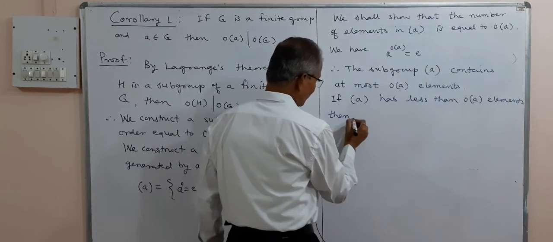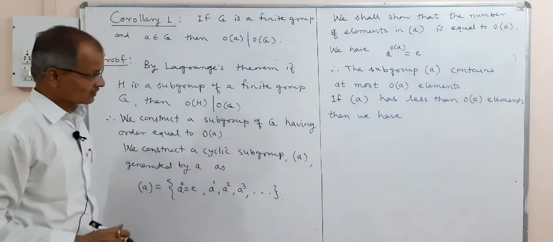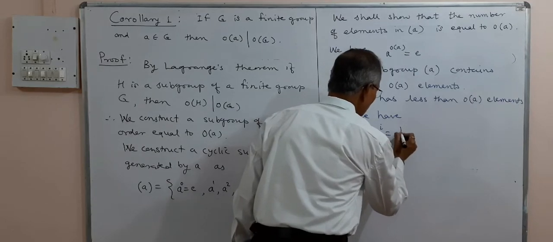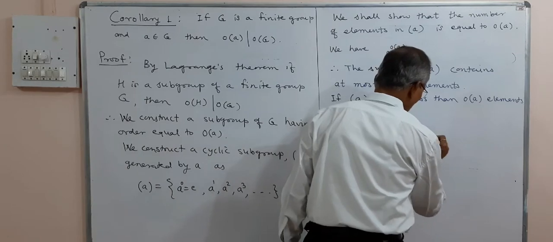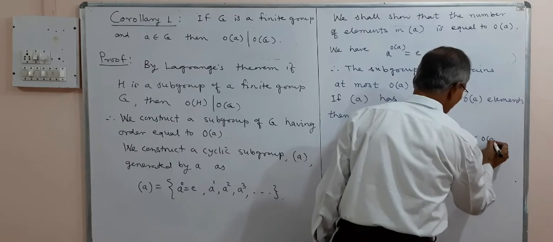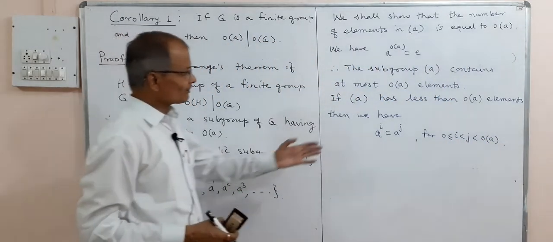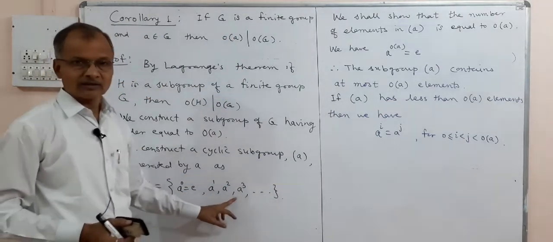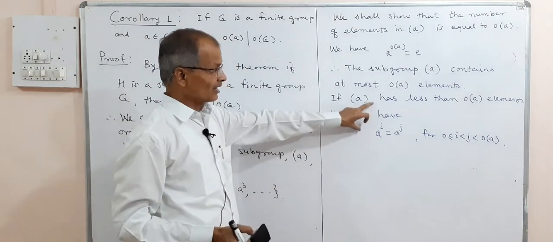Then we will have repetitions, that means a raised to i is equal to a raised to j, for 0 less than or equal to i less than j less than order of a.